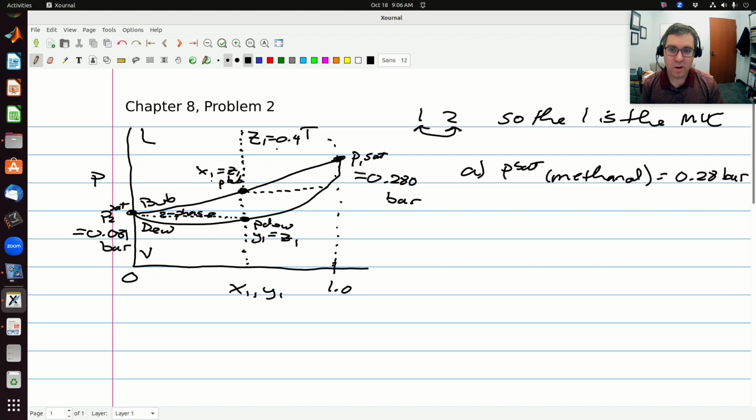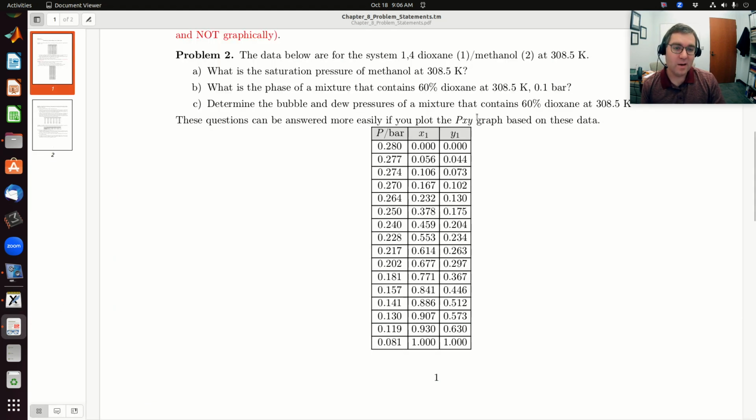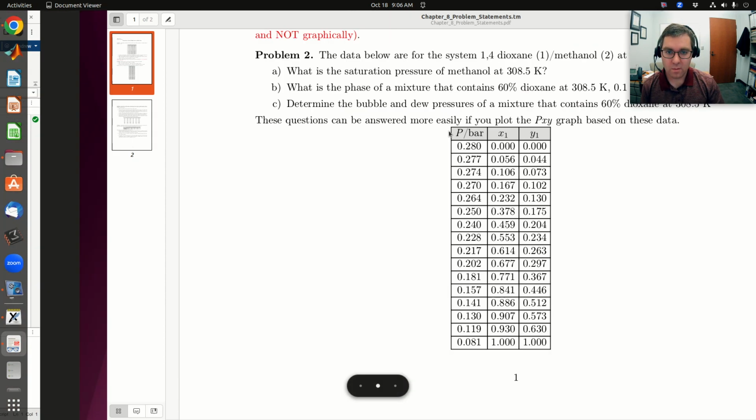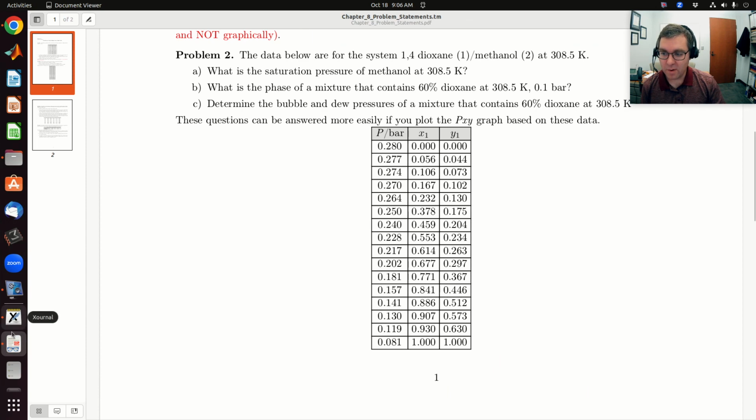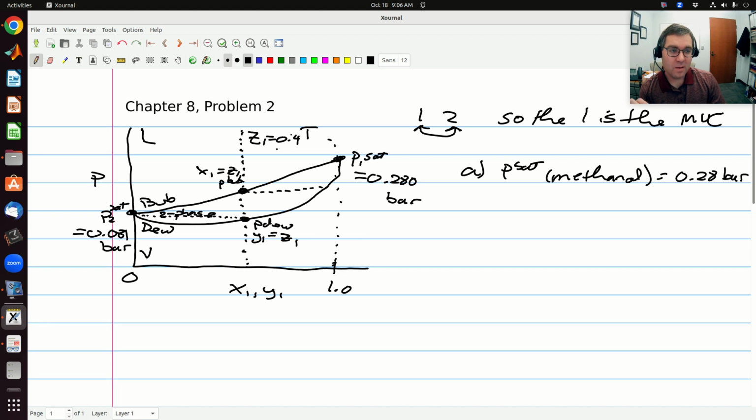Okay. So now I'm working with Z1 equal to 0.4, where I call that my most volatile component. When dealing with the tabulated data, I would actually need 1 minus this, which would be 0.6. Okay, so we'll go over to MATLAB and we'll compute it, and hopefully that makes more sense. So what I need to find is P bubs. So I'm looking for when x1 is equal to 0.4, I need to find the corresponding saturation pressure.